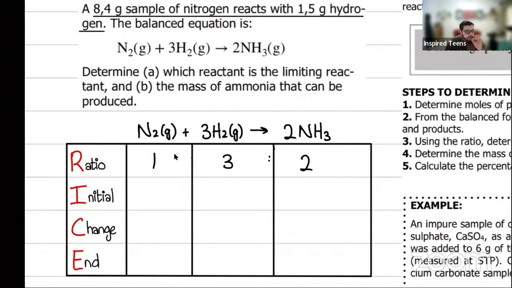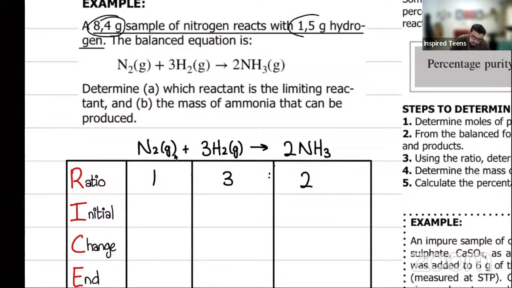Now, a hint to you: firstly, you don't know if all of the nitrogen given reacts with all of the hydrogen. They say 8.4 grams reacts with 1.5. Now, we don't know if it's a 1-to-1 ratio. Actually, we know what the ratio is. However, for example, we don't know that we have 1.5 grams of hydrogen and it's going to react with 1.5 grams of nitrogen.